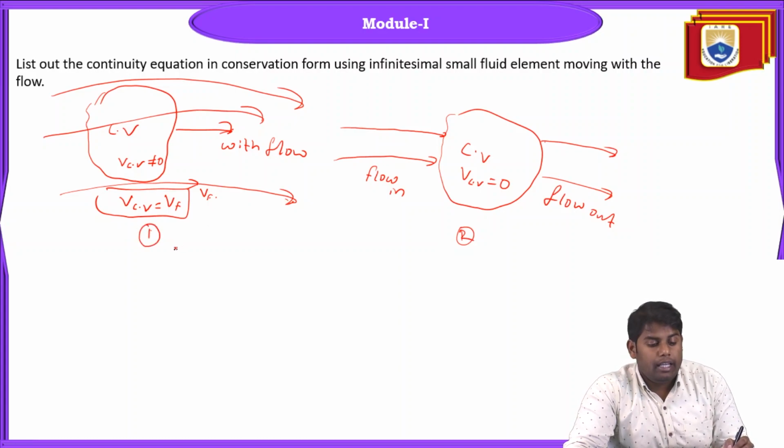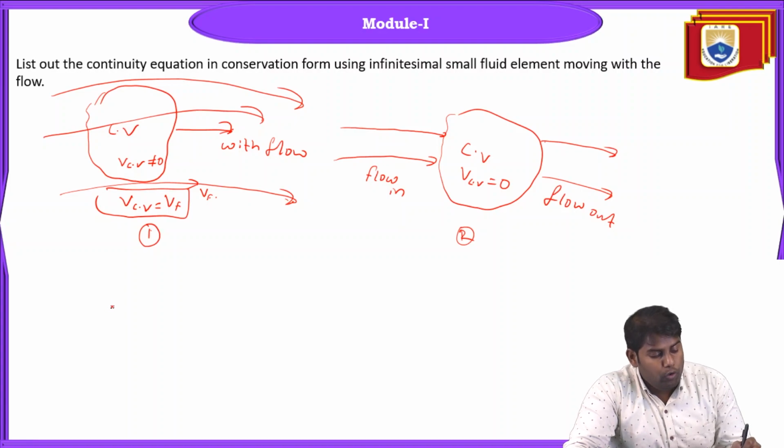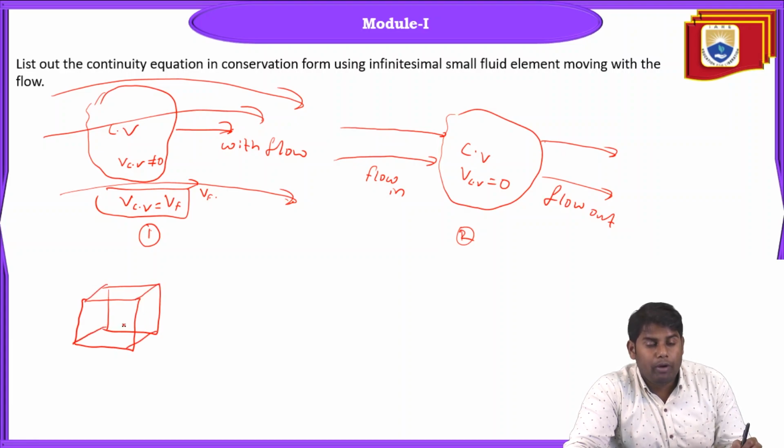The other approach is the infinitesimally small fluid element, meaning a small fluid particle. Basically fluid droplets, fluid particles; you can take any shape, spherical or cubical. Let's take a cube element. The number of fluid molecules going through this element will vary with respect to time.